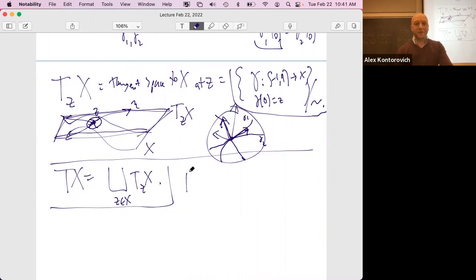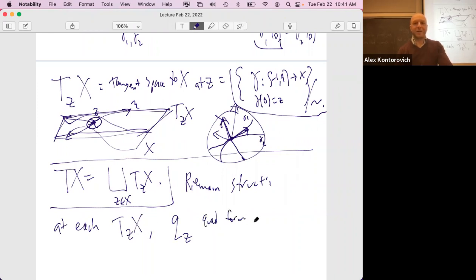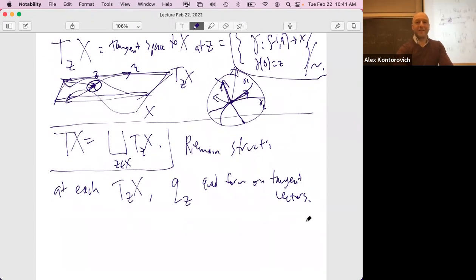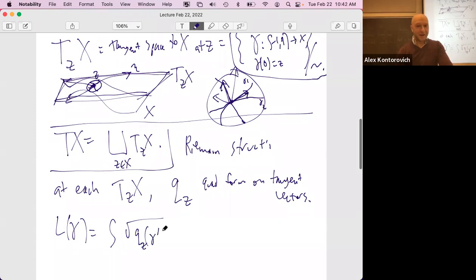So what's a Riemannian structure? Again, a Riemannian structure is a quadratic form Q_z at each tangent space, a quadratic form on these tangent vectors, so that we can define length. The length of a curve will be, as before, an integral of the square root of the quadratic form of these tangent vectors.